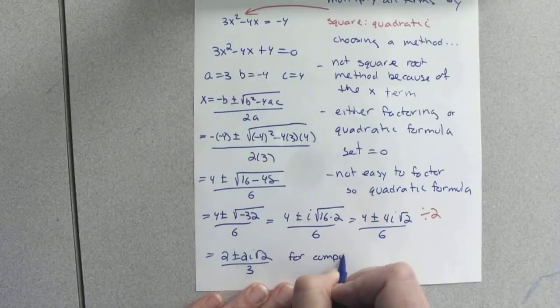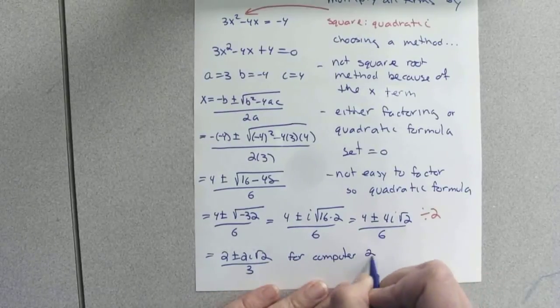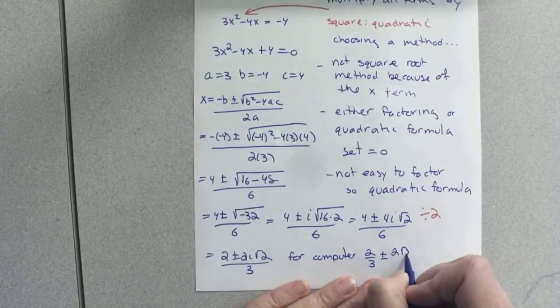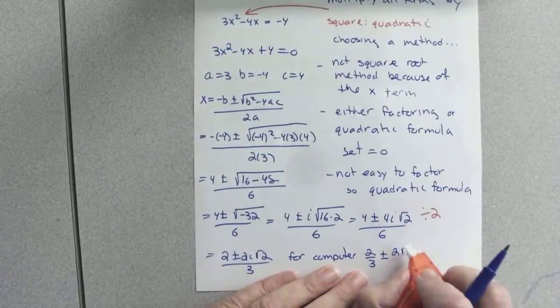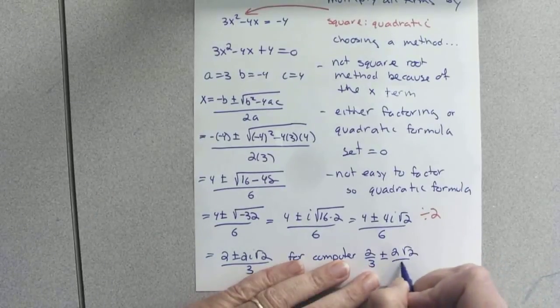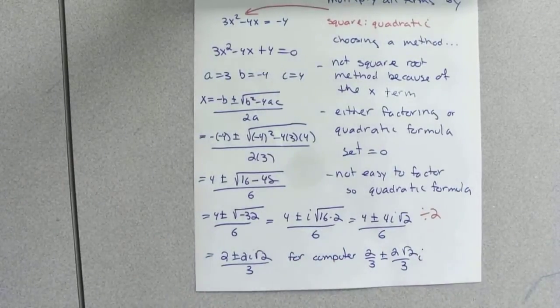For the computer, that would be 2/3 plus or minus 2 square root of 2 over 3 i. And again, for the computer, you have to type it out twice because there isn't a plus or minus. And there we solved it using the quadratic formula.